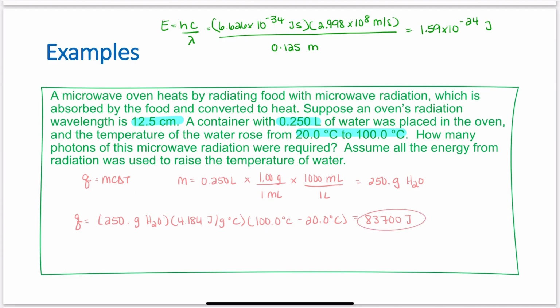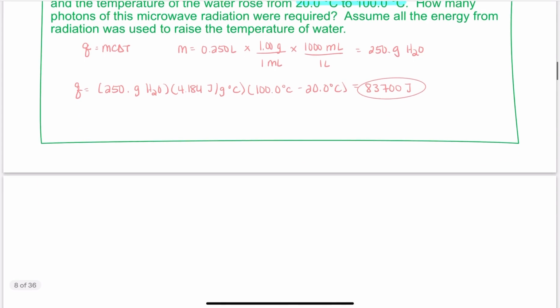Sorry, I'm trying to find the right button. This amount of heat needed to heat up the water. This is the amount of energy at that wavelength. So my number of photons is going to be the difference between these two. I will move that down in a sec after I write this down.